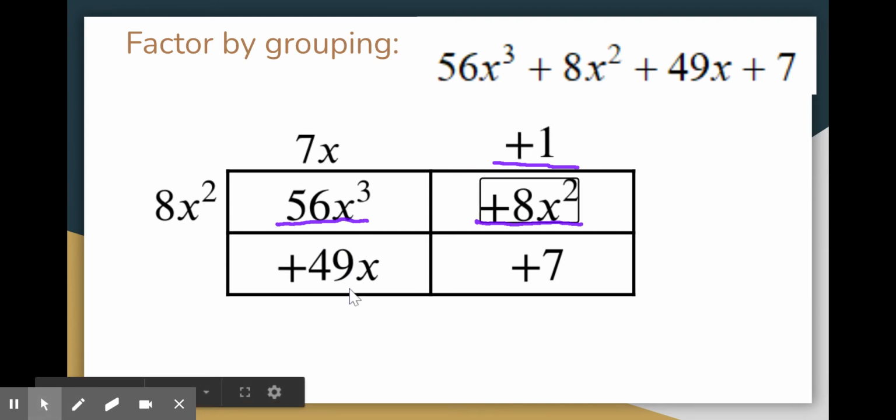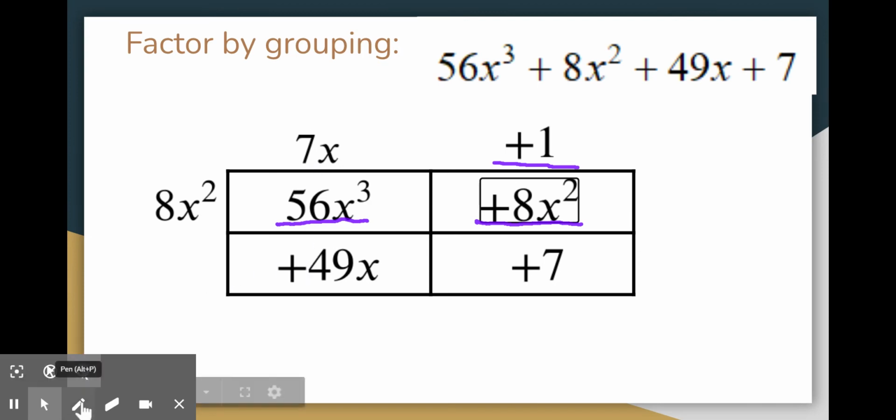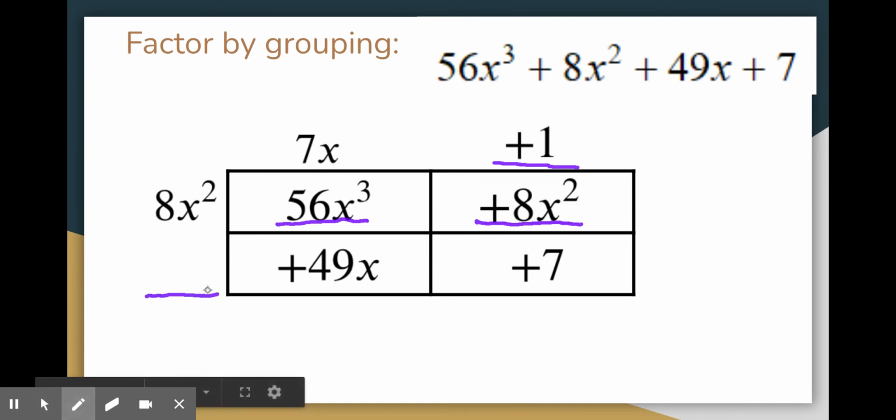And then the next one, I am going to look down right here and take 7: what times 7x gives me 49x? That is 7. And then the last one, I will check my endpoints.